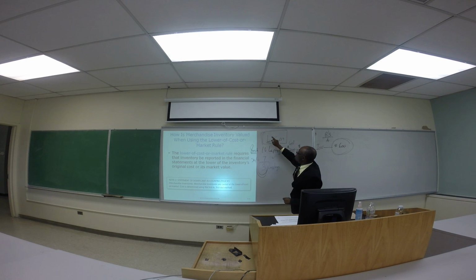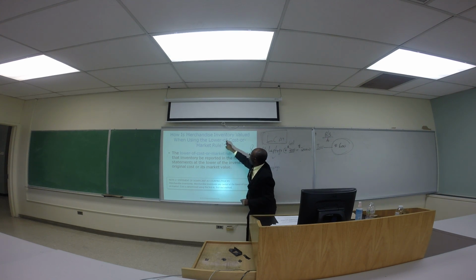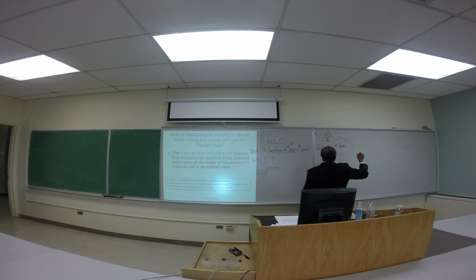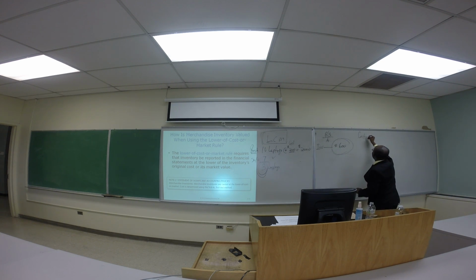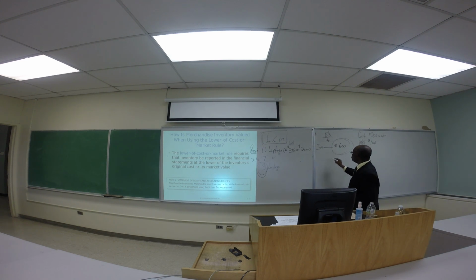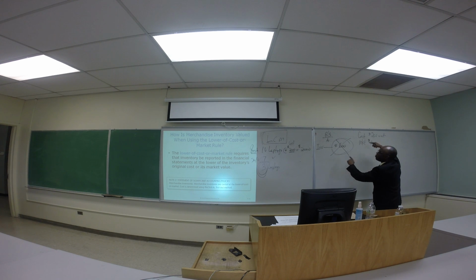What does this mean? Lower of cost or market. So what is your cost? Your cost is $200 a unit. What is the market? What is the current replacement cost? If you go and buy additional laptops, what are you going to pay for them right now? It is only $100 now. So GAAP says, whoa, you now have to report your inventory not at $600, but at the lower of cost or market.